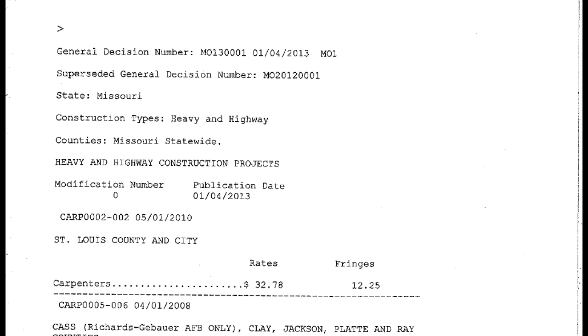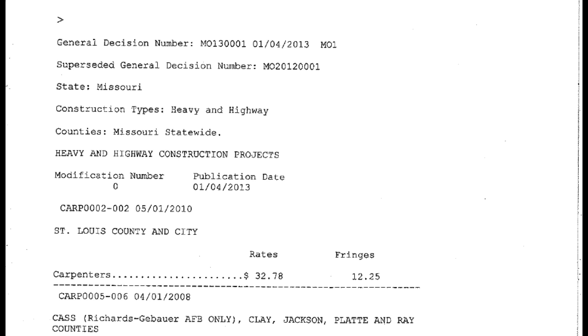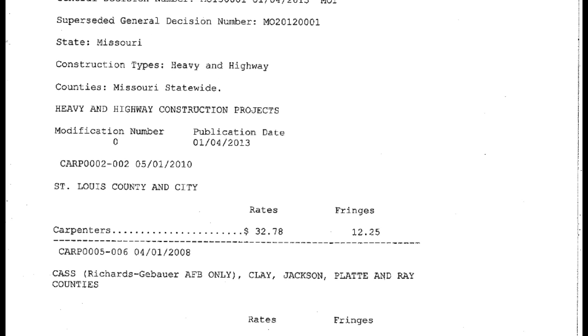So Means is a good start, but if you're going to be really accurate, you're going to get the wage order and substitute those values into the Means program so that you get the exact. Now this is only minimums. You can pay folks more, and that's really up to your business.